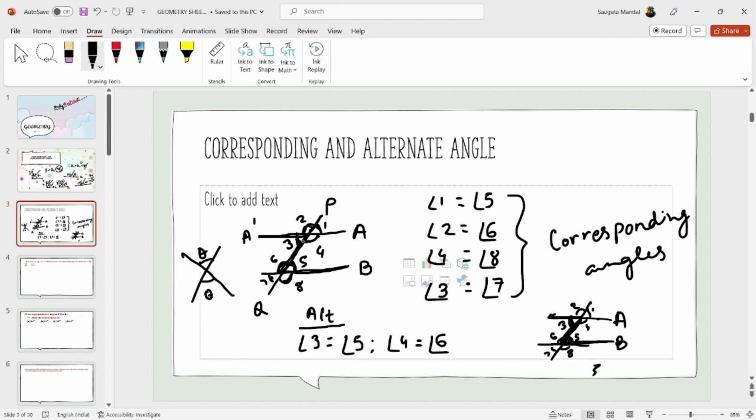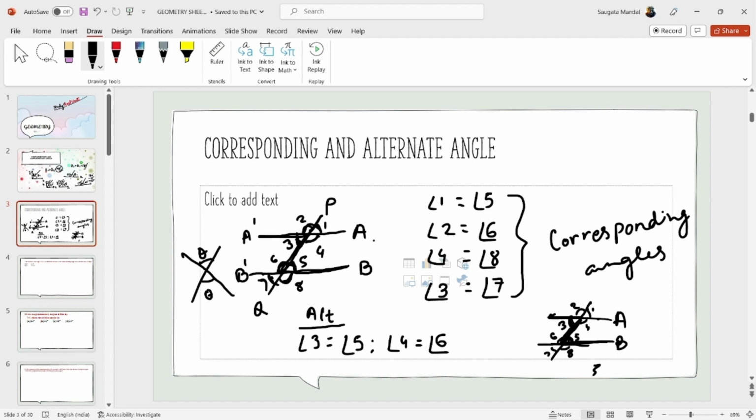That means theta 1 is always equal to theta 3. In the same way, B dash and PQ bisect each other, and they form two angles theta 5 and theta 7. They are opposite to each other and are known as vertically opposite angles. That means theta 5 is equal to theta 7. They are equal to each other.